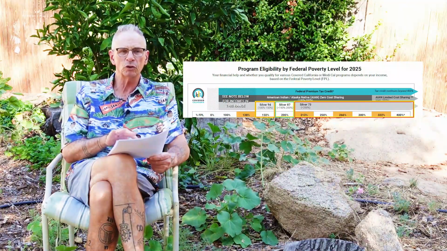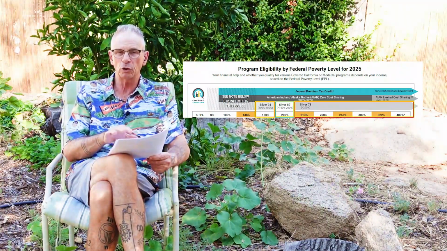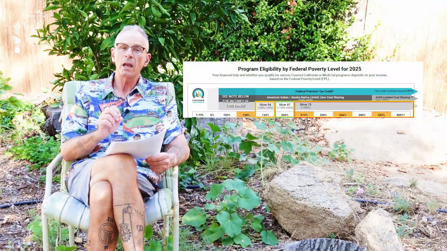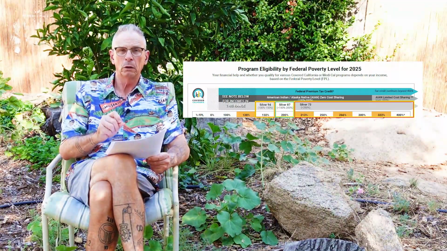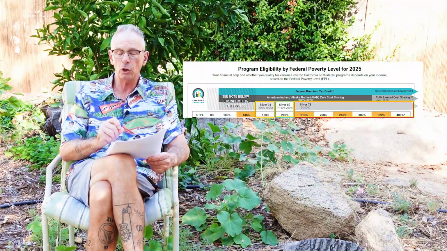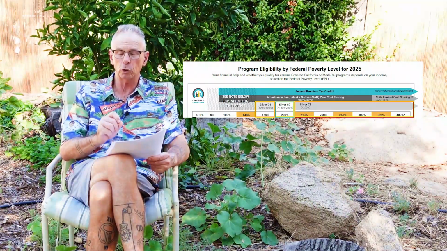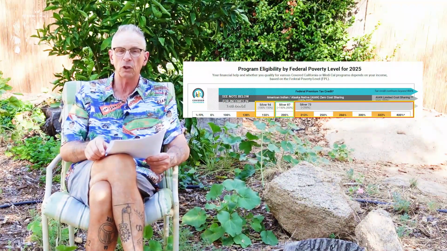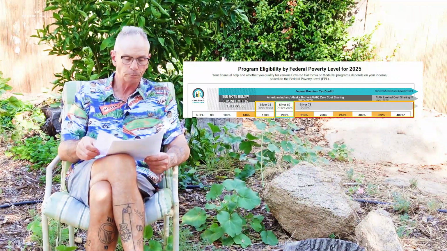That is a result of some different legislation and some changes within the state of California to help people out. So if you are above 200% of the federal poverty level and there is that Silver 73, really look at it strongly. I'll do another video on some of the differences, but it's a good deal.